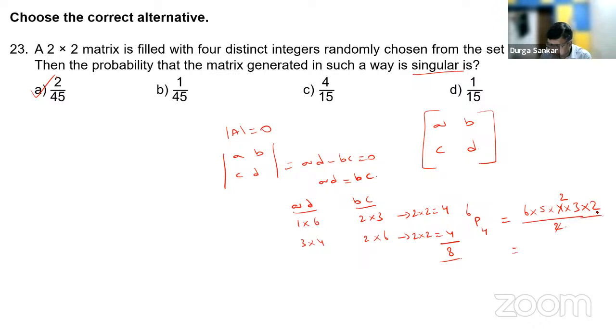Into 2. So it becomes 360. 8 by 360. It's 1 by 45. But is 1 by 45 the right answer?